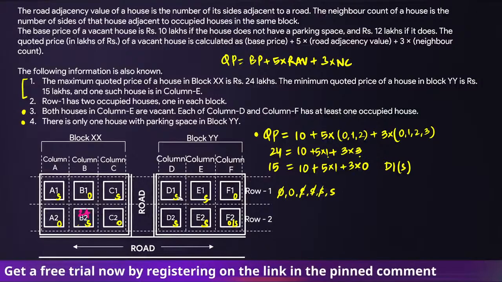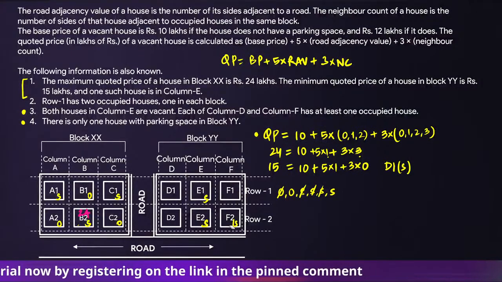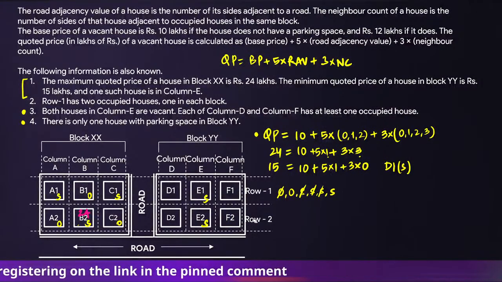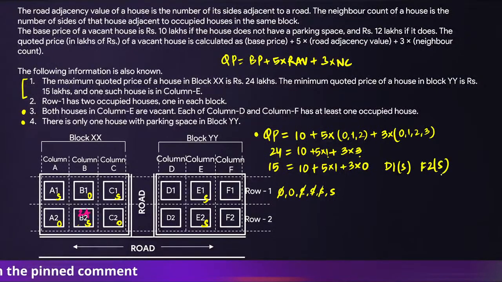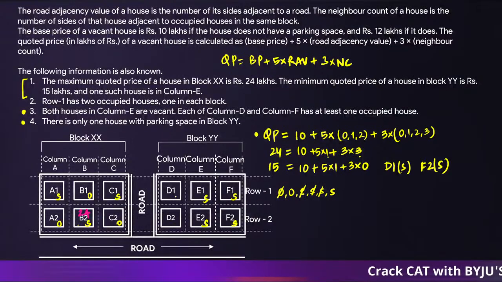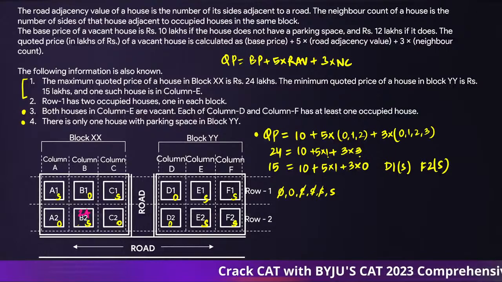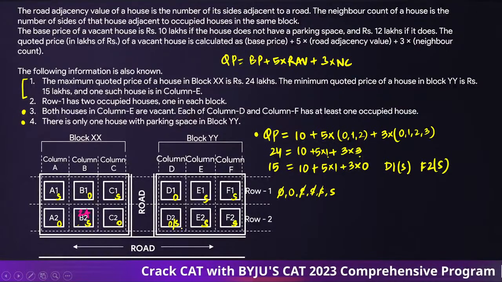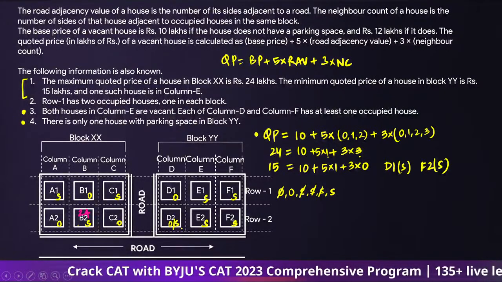What if F2 is for sale? क्योंकि ये D1 भी हो सकता है और ये F2 भी हो सकता है. If F2 is for sale, so this is for sale, there are no neighbors around it, so the occupied one could be एक D1 हो जाएगा for sure, and D2 may be occupied or for sale, right? So we are getting two cases here.